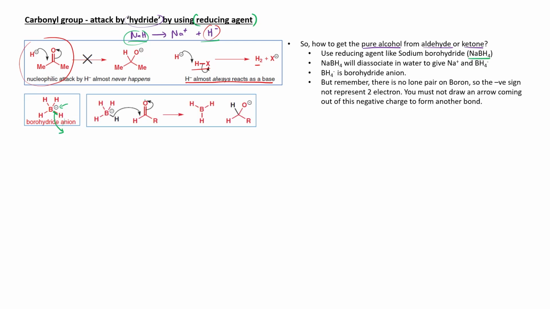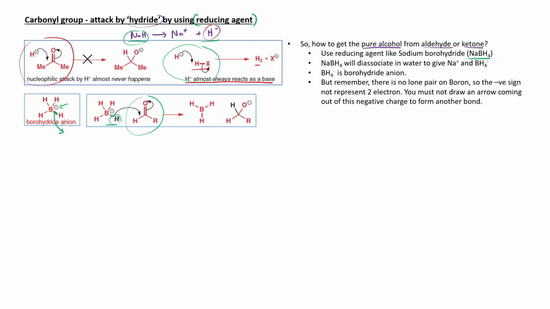In this case, we know that the aldehyde here is an electrophile. So now this nucleophile found the opportunity to attack. So this hydride here will not be lost. The hydride can go and attach to the carbon compound.